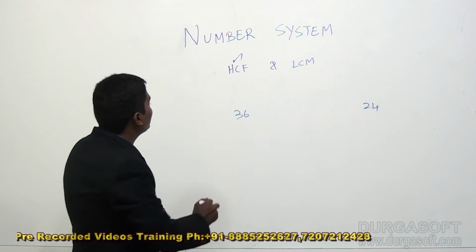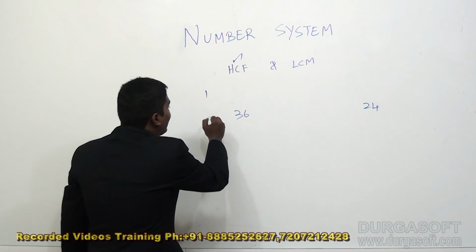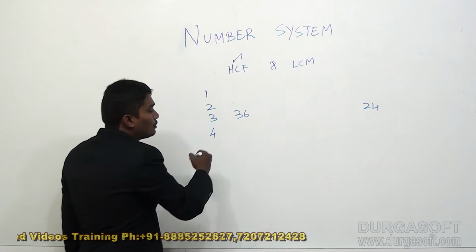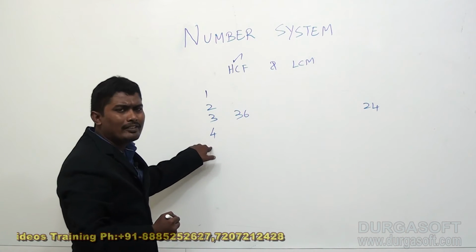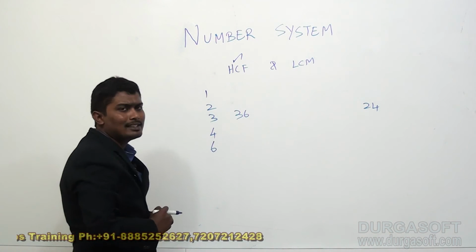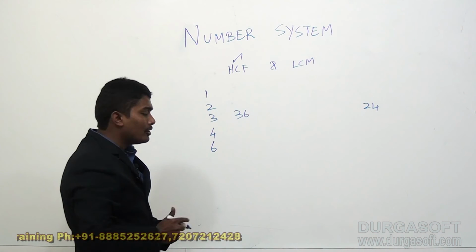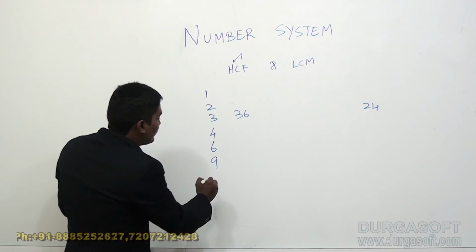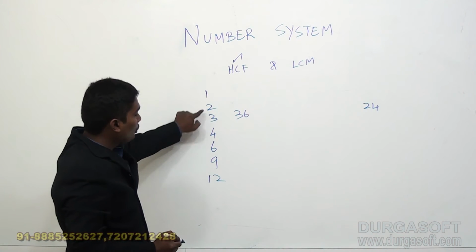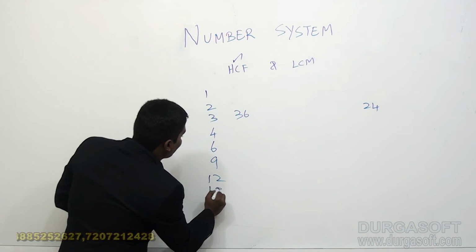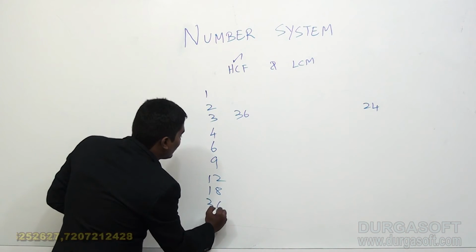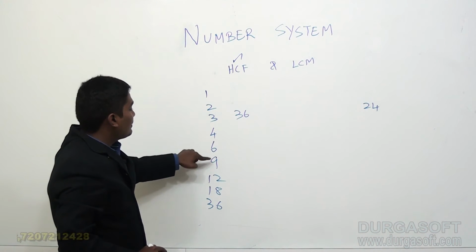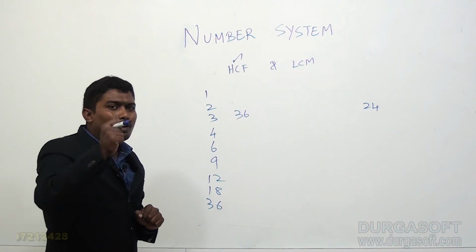This number 36 is divisible by first table, it is divisible by second table, it is divisible by third table, fourth table, 4 9s are 36, fifth table I cannot divide, sixth table I can divide, 6 6 are 36, 7 I cannot divide, 8 I cannot divide, but ninth table, 9 4s are 36. Next 3 into 12, right, 12th table. Next 2 into 18, right, so 18th table, and 1 into 36, 36th table. So 36 has got 1, 2, 3, 4, 5, 6, 7, 8, 9 factors, as we already saw.